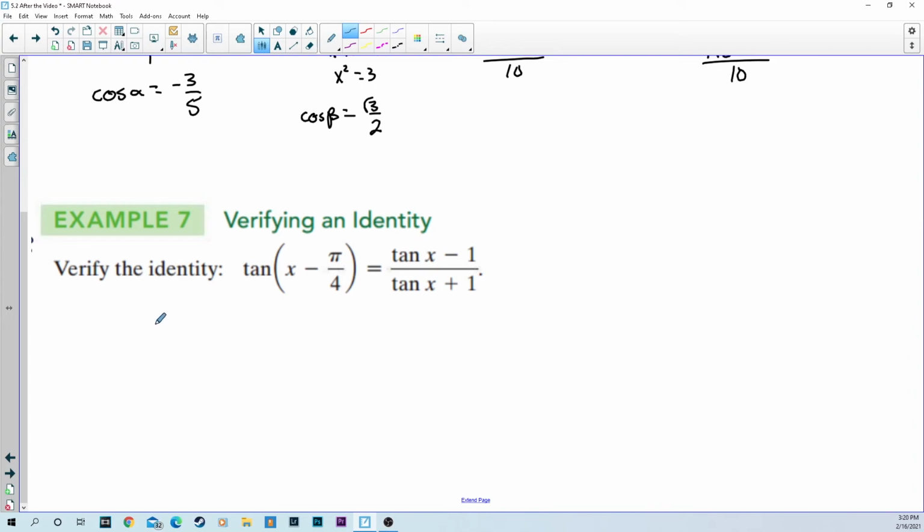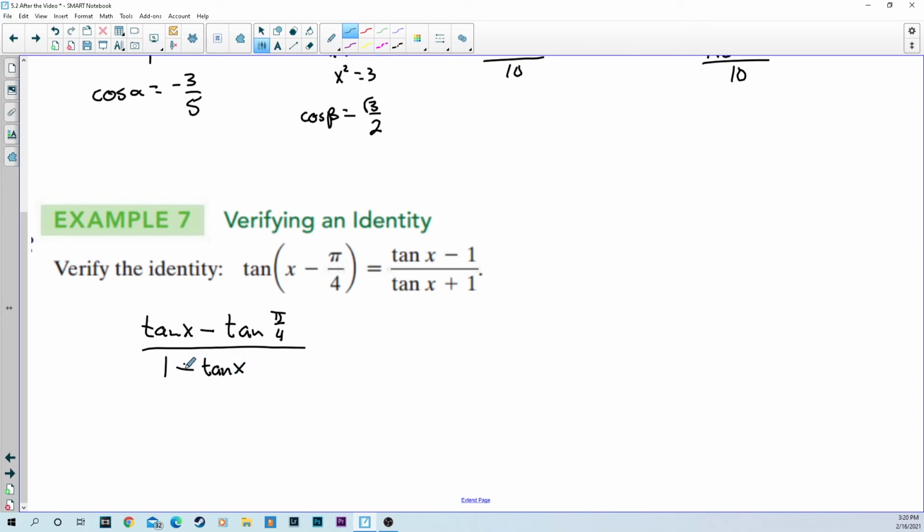Tangent, we want tangent of x, and then on top we have the same sign, which is tangent of pi over 4, and that's going to be over 1 minus, and then we have the tangent of x.